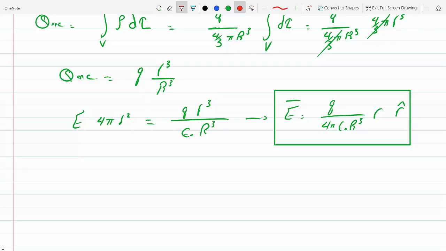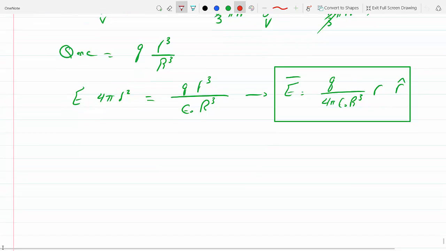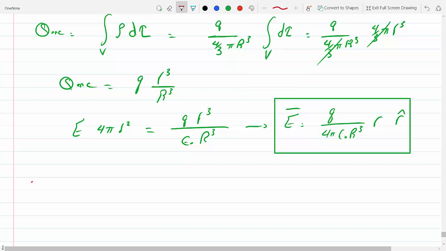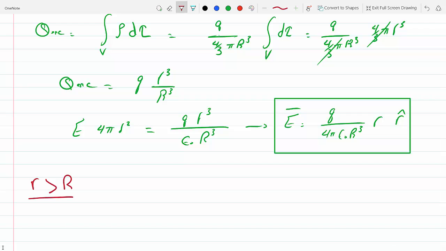Okay, so let's go. r is greater than R, so V is equal to the integral of E dr from infinity all the way to r.